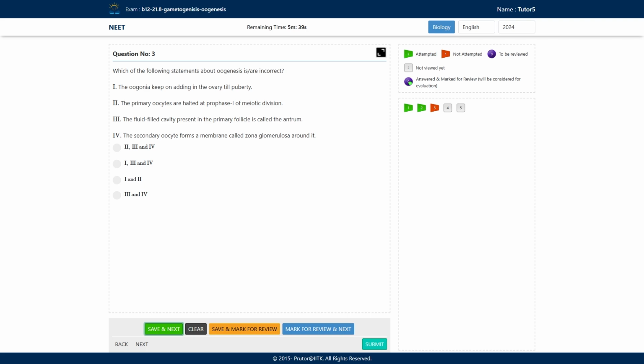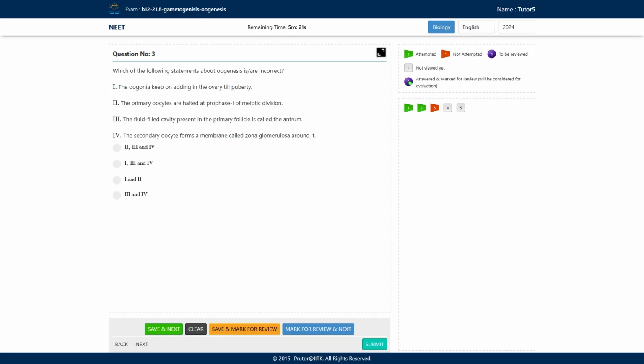The next one: which of the following statements about oogenesis is incorrect? Means you have to select the false statement here. First option, oogonia keep on adding in the ovary till puberty.